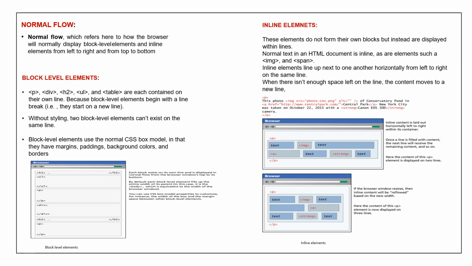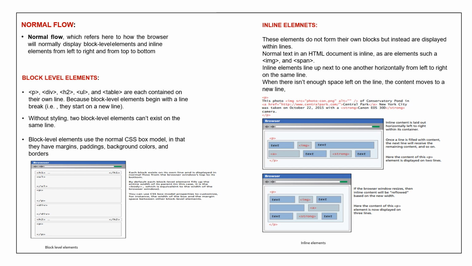Each block exists on its own line and is displayed in the normal flow from the browser window's top to its bottom. By default, each block level element fills up the entire width of its parent. You can use the CSS box model properties to customize, for instance, the width of the box and the margin space between other block level elements.